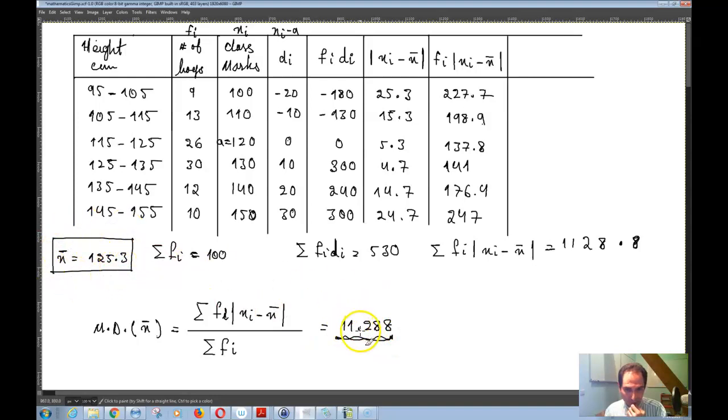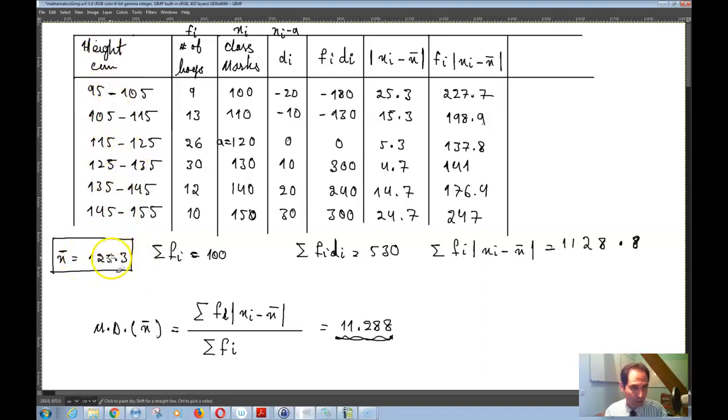What that means is that most of these observations have been very close to your mean, so on average everybody was about 125.3 centimeters.